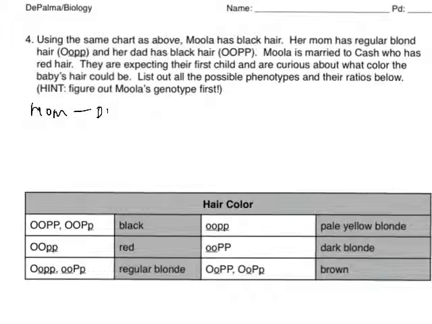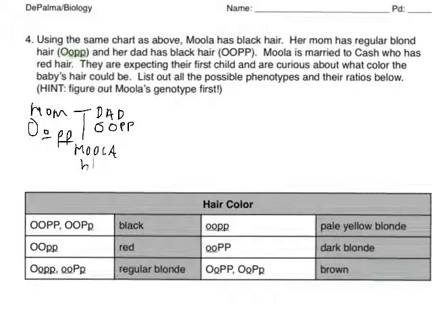You've got mom and dad, they had Moolah. Write down what you know about them. It tells you what mom has. She has regular blonde hair, and gives you her genotype: big O, little p, little p. It's going to be hard for me to write these out on this screen. And then dad has black hair, and he's all dominant.